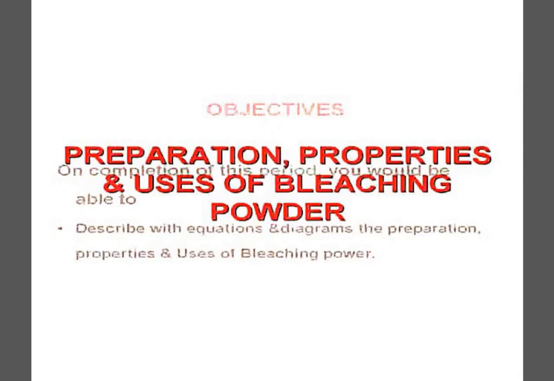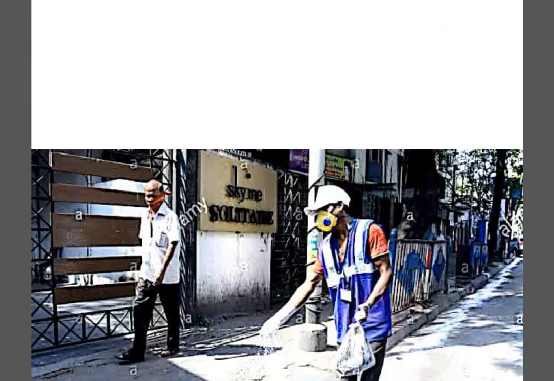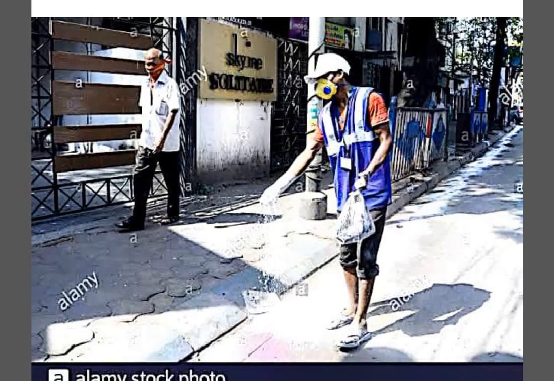We are first of all going to talk about bleaching powder, its preparation, properties and uses. Students, you all must have seen this kind of thing happening in your surroundings. These people keep a white colored powder with them and put it towards the roadside.